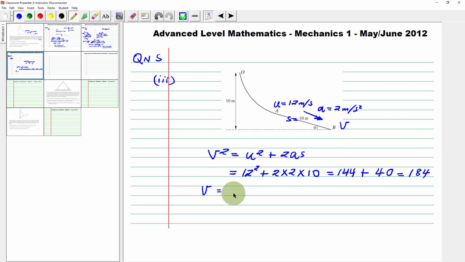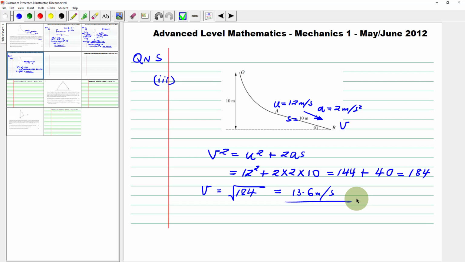And the v will be the square root of that value. Square root of 184 gives us 13.56, which we can say is 13.6. So that is the speed that the particle P has at point B.